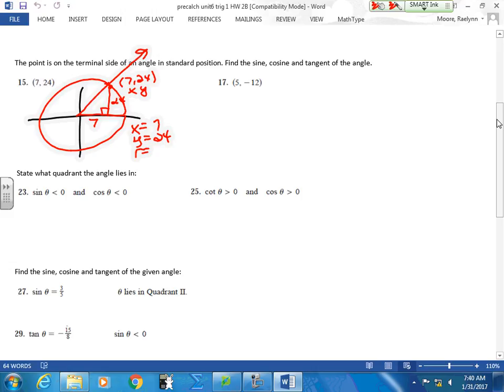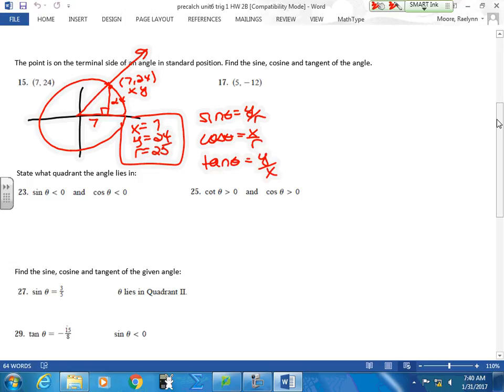What do we get? I need a calculator. 25. This is one of your triples. Okay. So now, once you have this information, sine: y over r. Cosine: x over r. Tangent: y over x. Just fill them in.